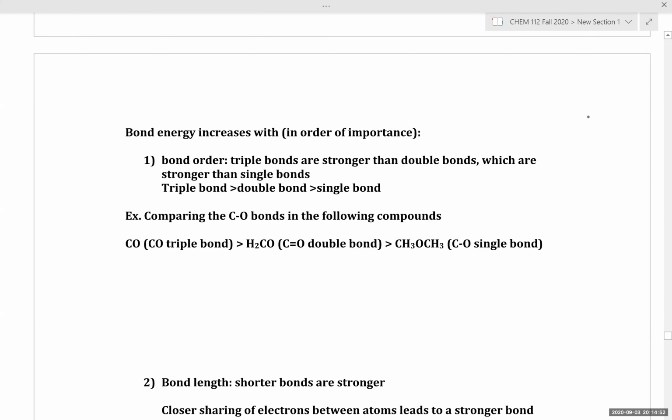So bond energy in general increases with an order of importance. First and foremost, bond order. Triple bonds are stronger than double bonds, which are stronger than single bonds. So for example, a triple bond is stronger than a double bond, which is stronger than a single bond.